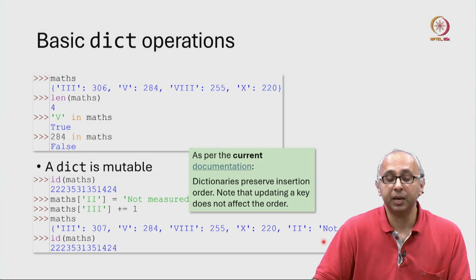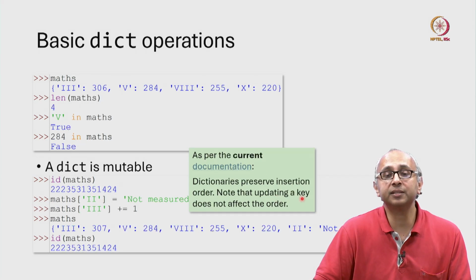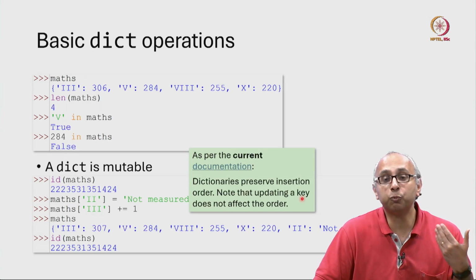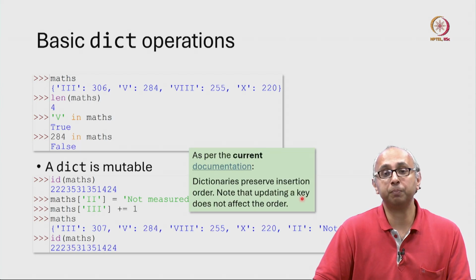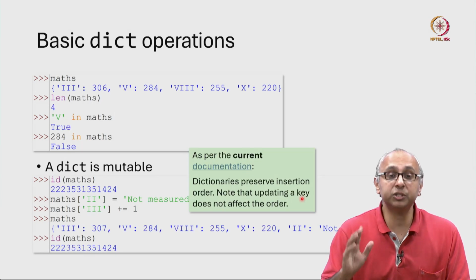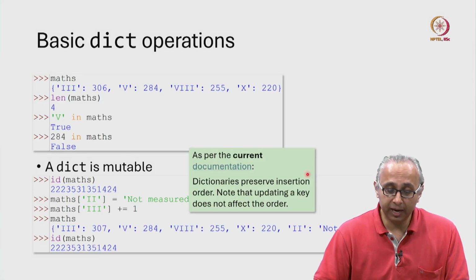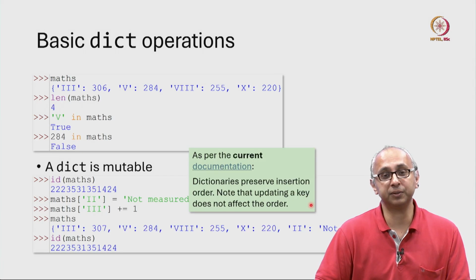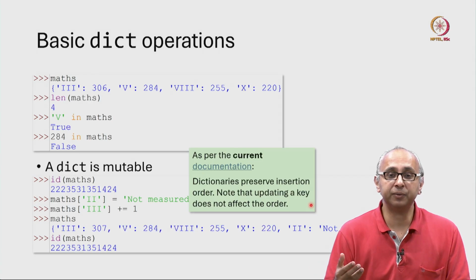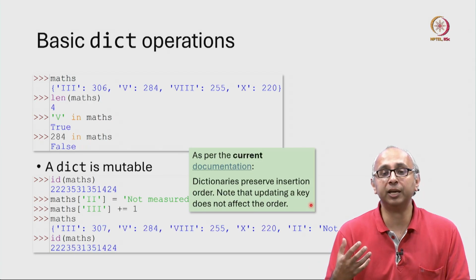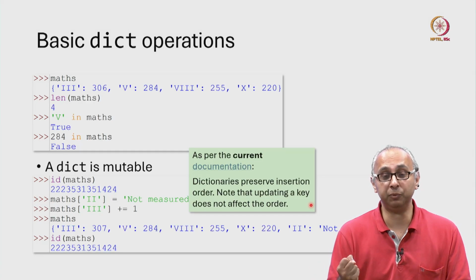Now, if you read the documentation, you will find that this happened during one of the updates to Python. It is possible that a future update to Python will actually change this. The designers of Python are constantly trying to improve the language.